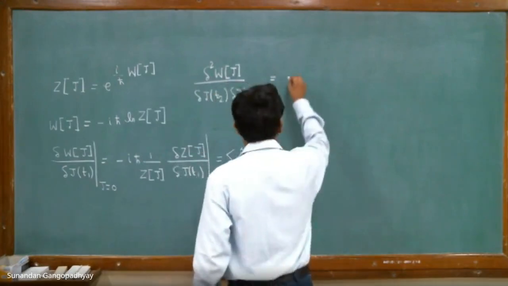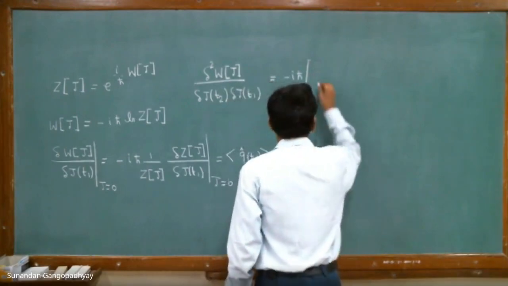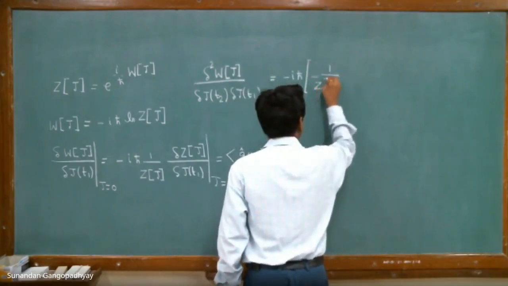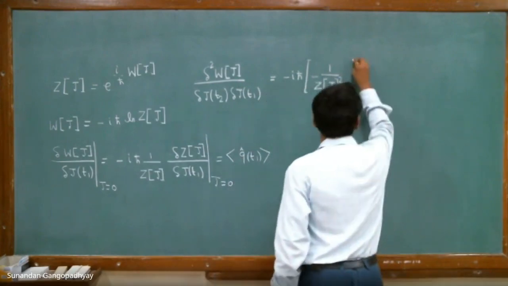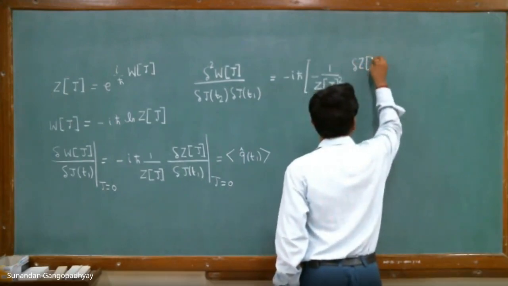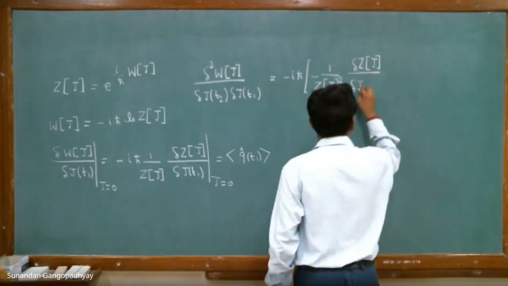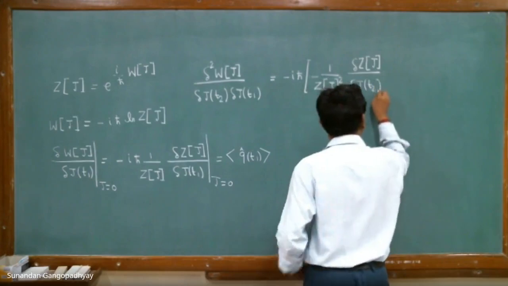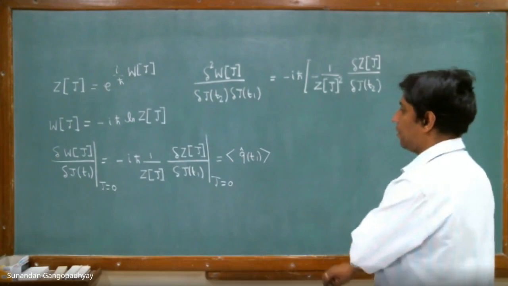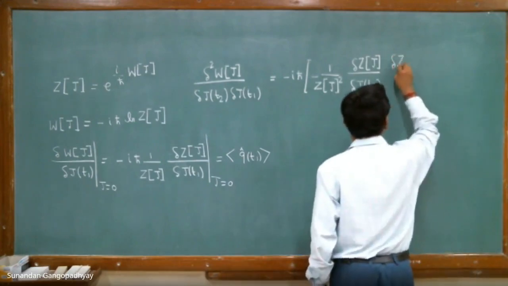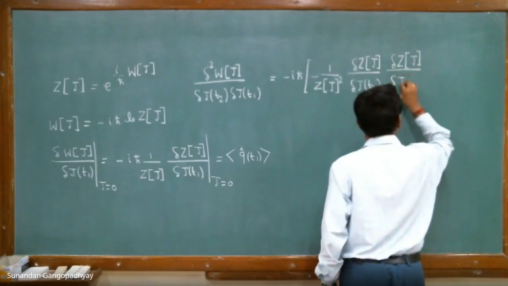So the two terms are, I will get minus 1 by Z of J squared and then del Z of J del of J t2, and we also have del Z of J del J t1.